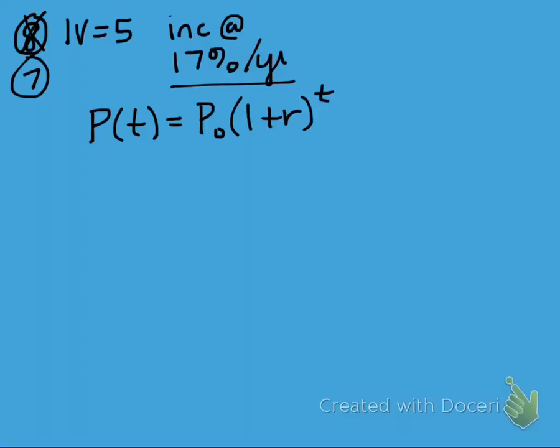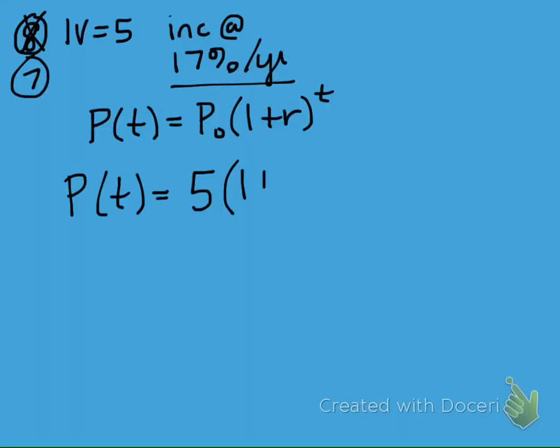And each of these variables represents a specific thing, and our first specific thing we want to substitute is p sub 0, which is your initial value, which was given to us to be 5.